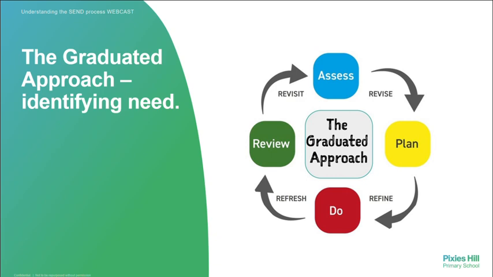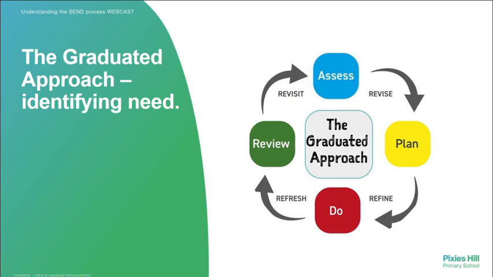A plan or passport support plan is put in place. This is agreed by all, and then the class teacher will implement the plan in the classroom, and this is the do part of the cycle. Throughout the do part of the cycle, the effectiveness of the provision is monitored, bringing us onto the review part.